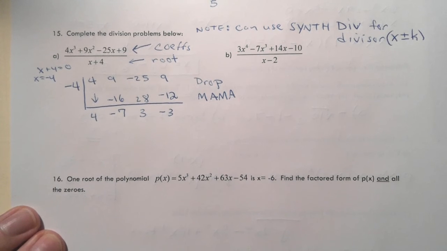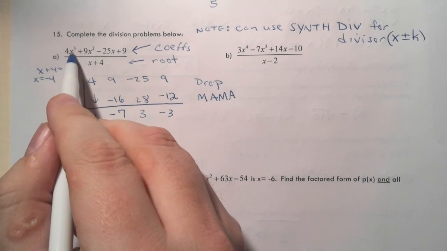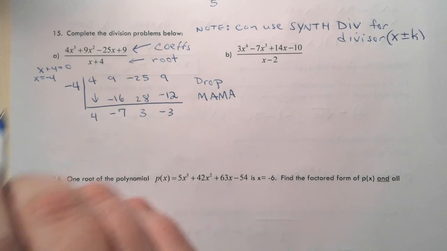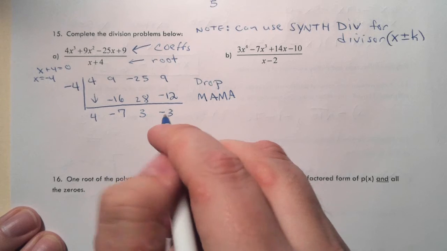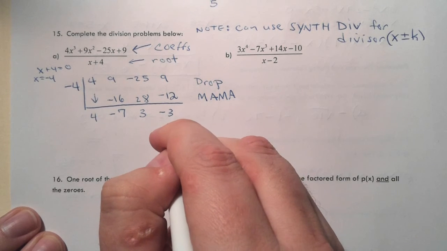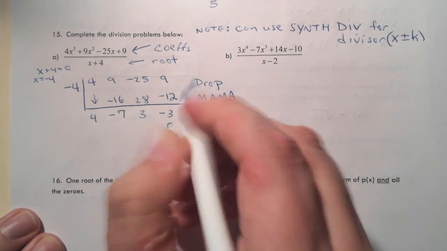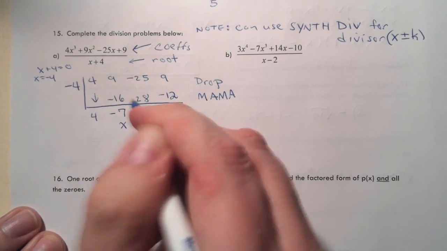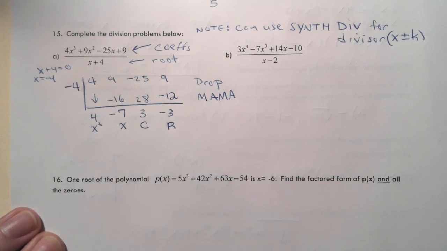Now let's remind ourselves, how does this translate into an answer for a division problem? I need a polynomial quotient. Well, remember, this was a cubic, so when I divide by a linear expression, I should get a quadratic. But the way most of us seem to feel comfortable, this is a remainder, a constant, and I'm going to count up x and x squared.